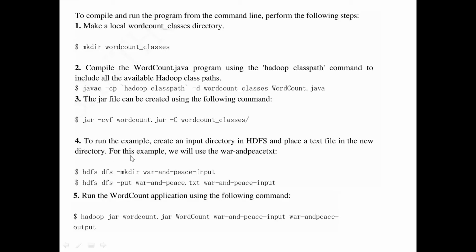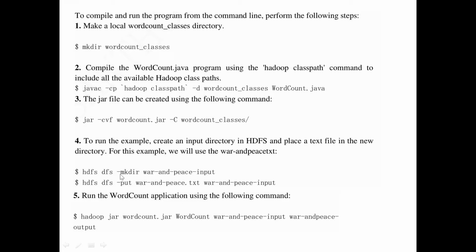For this example, we will use War and Peace text. In HDFS we will be creating a directory called war and peace input. Then we will put this input text, which will be stored into this directory.